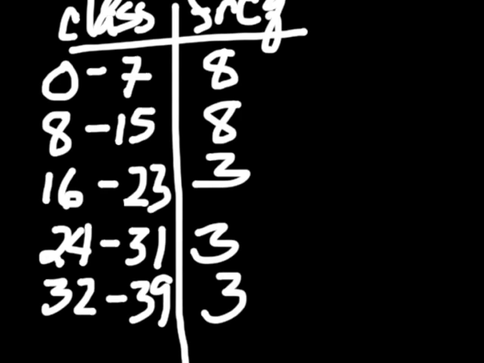And so there's a gap between 7 and 8, 15, 16, 23, 24, etc. What we want to do is move beyond the gaps that might show up between these numbers. The way we do that is we use class boundaries. Now, what's a class boundary again?